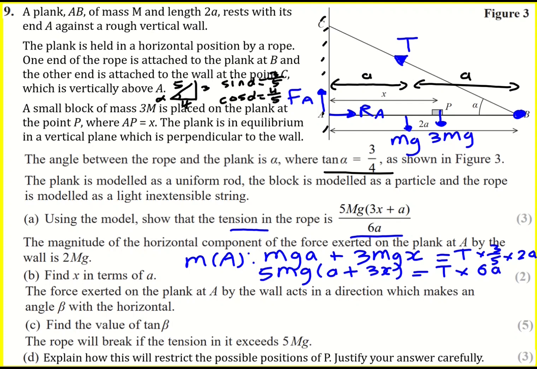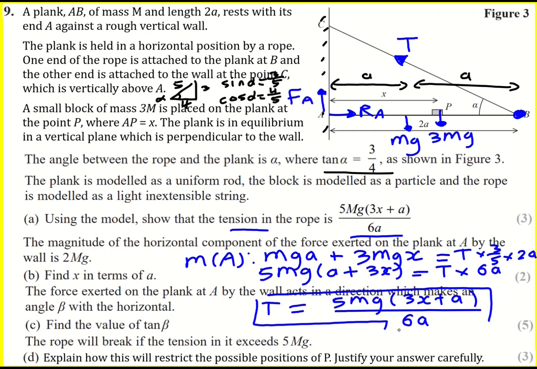And the next line brings it all together. So it looks complicated, and of course, if you get stuck with it, you can still carry on with the rest of the question. T is going to be 5 mg (3x plus a) over 6a. Nice.